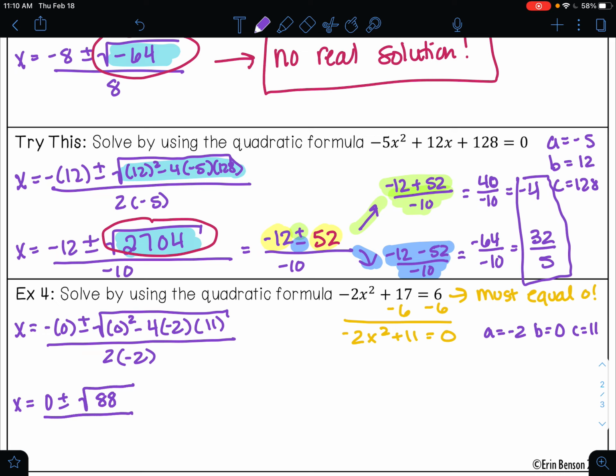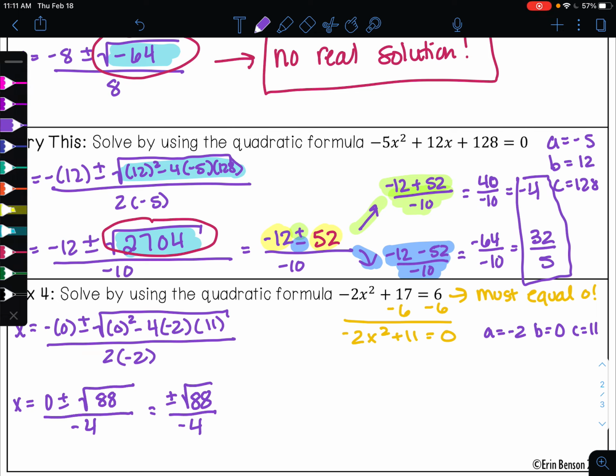And then 2 times negative 2 is negative 4. Well, let's think about this. 0 plus or minus anything is not anything. Meaning 0 plus 2 is 2. 0 plus 7 is 7. 0 minus 8 is negative 8. So I can go ahead and get rid of the 0 because it's not going to change anything. So I'm going to have plus or minus the square root of 88 over negative 4.